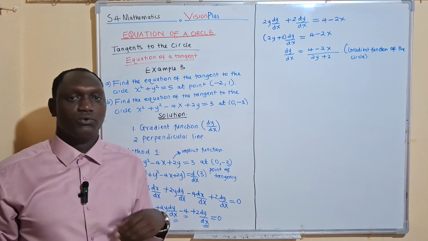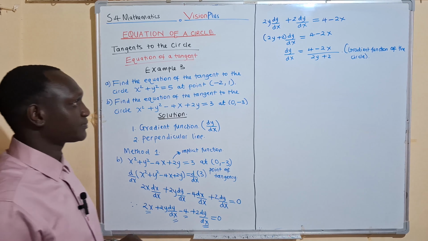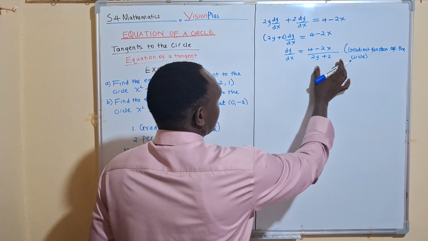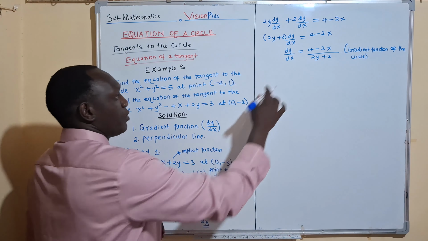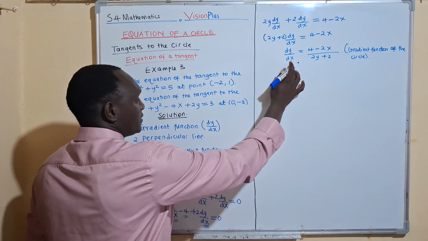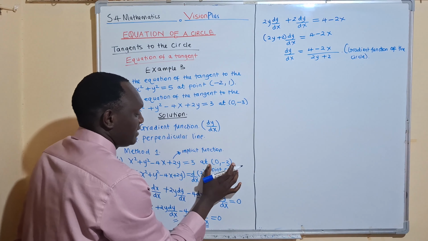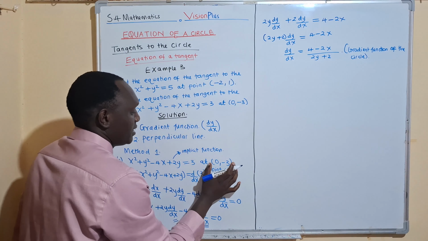And now we know one point on the circumference. This is the point of tangency. Now, what is the gradient of the circle at the point of tangency (0, -3)? We need to find the gradient of the circle there.